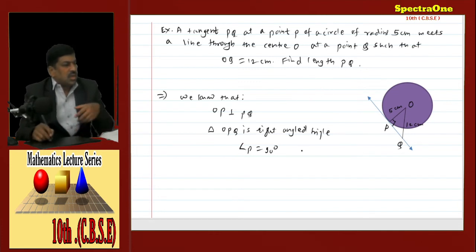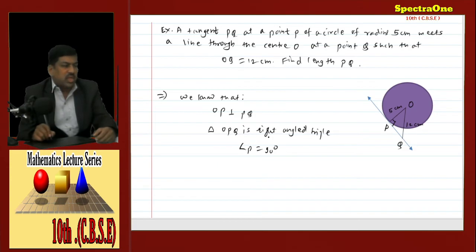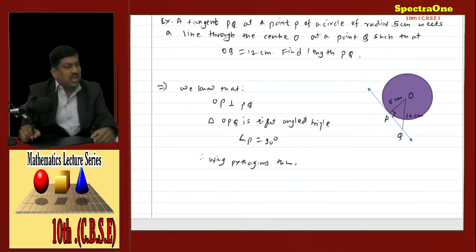So in a right angle triangle, if you know any two sides, we can easily calculate the third side by using Pythagoras theorem. As angle P is 90 degree, OQ is the hypotenuse, OP is the height, and PQ is the base.